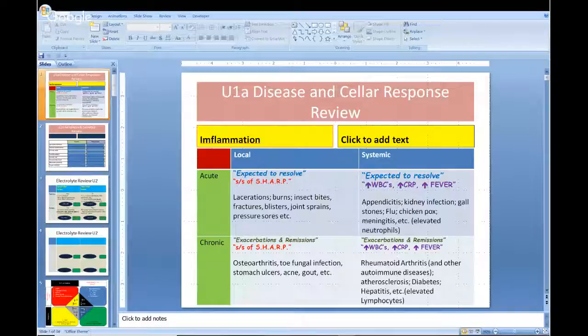The kinds of diseases that are chronic systemic are rheumatoid arthritis. Anything autoimmune is going to be chronic systemic. Arteriosclerosis, or plaque buildup on the walls of our blood vessels, diabetes, as you mentioned a minute ago, hepatitis, which is swelling of the liver with damaged hepatocytes, and then obviously elevated lymphocytes is going to be a clear sign and symptom that they're in chronic systemic inflammation.